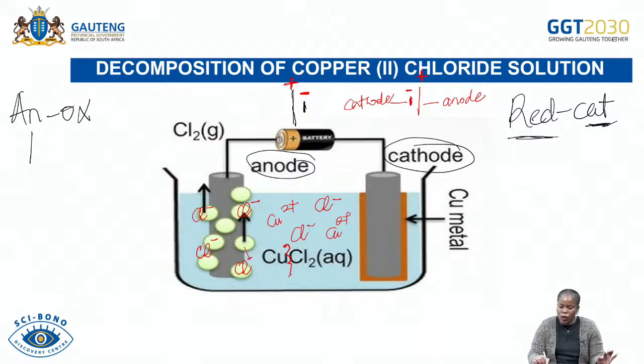That is going to be our Cu2+, which are attracted here. Because they are cations, they are attracted to the electrode connected to the negative terminal of the battery. Here's my copper, and how we see that copper really has been attracted to this electrode is because of that reddish brown coating.